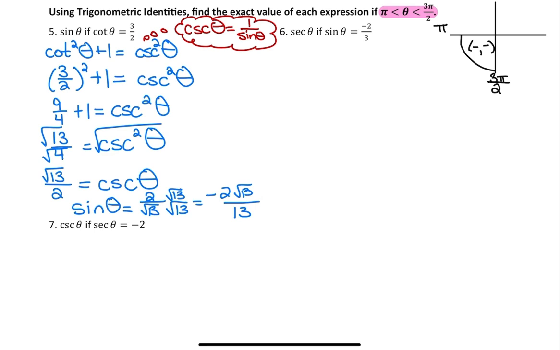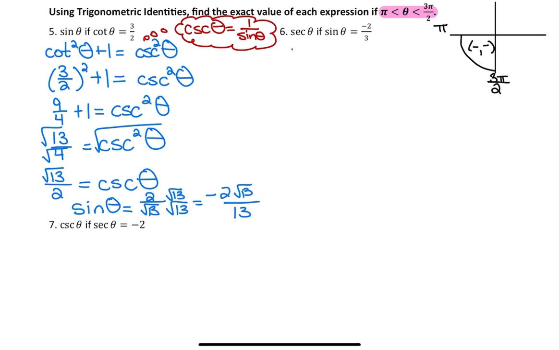For number 6, we want to know what is secant of theta if sine of theta is equal to negative 2 over 3. And we don't have an identity that directly relates sine to secant. We do have an identity that will relate sine to cosine.